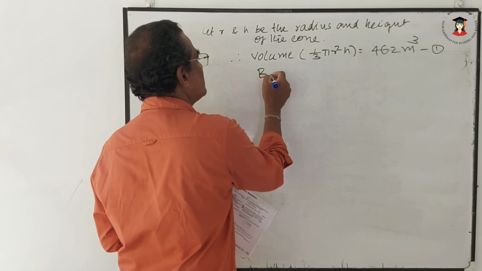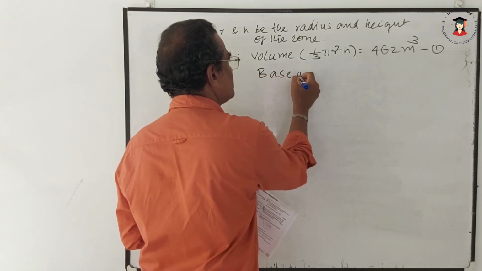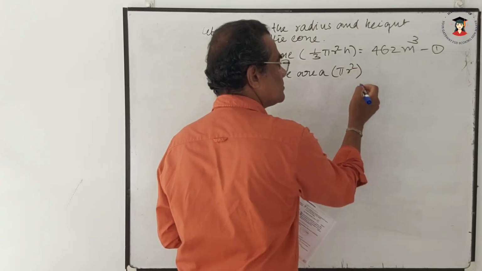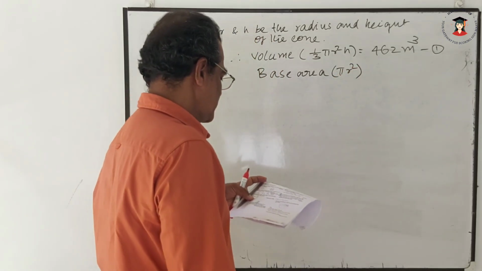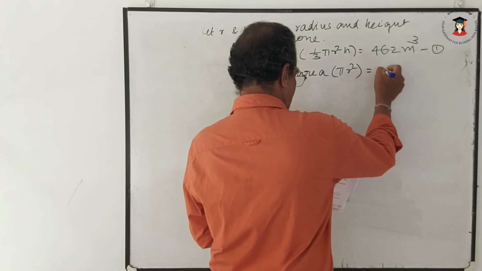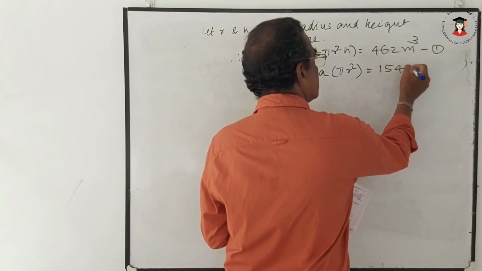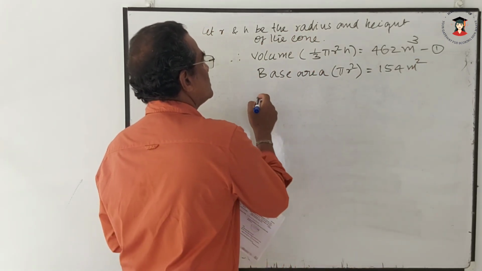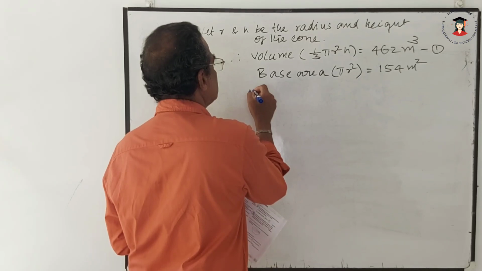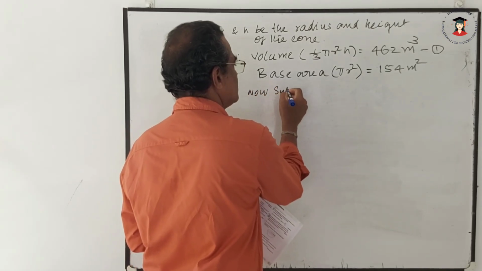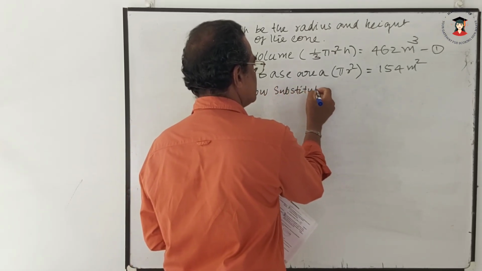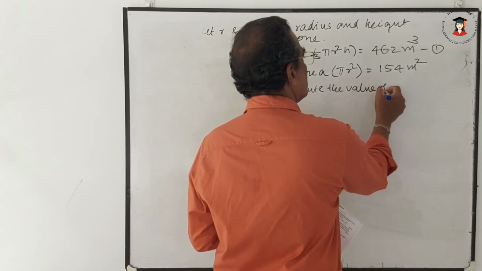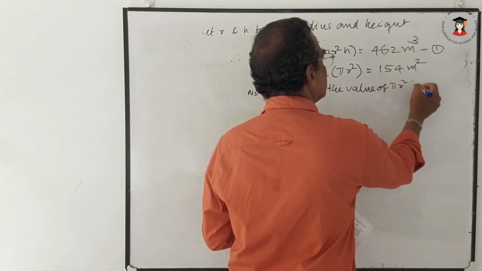And we are given the base area. Base area is pi r square. Base is a circle. It is given as 154 meter square, since it is area. Now substitute the value of pi r square in 1.